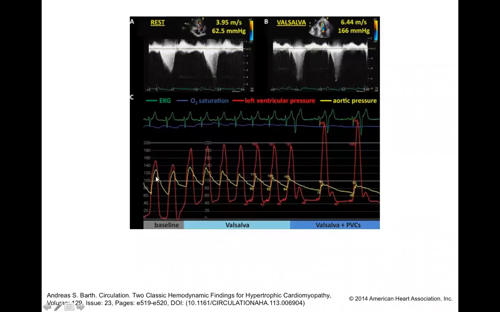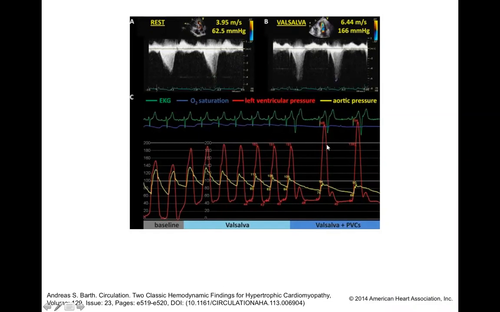This is the baseline of the patient, and during the Valsalva maneuver you can see the gradient. The yellow line is aortic pressure and the red line is left ventricular pressure, and the gradient between the peak of the aortic valve and the LV is increasing with the Valsalva maneuver, because Valsalva decreases the preload. With Valsalva and any ectopic beats, the gradient increases more.